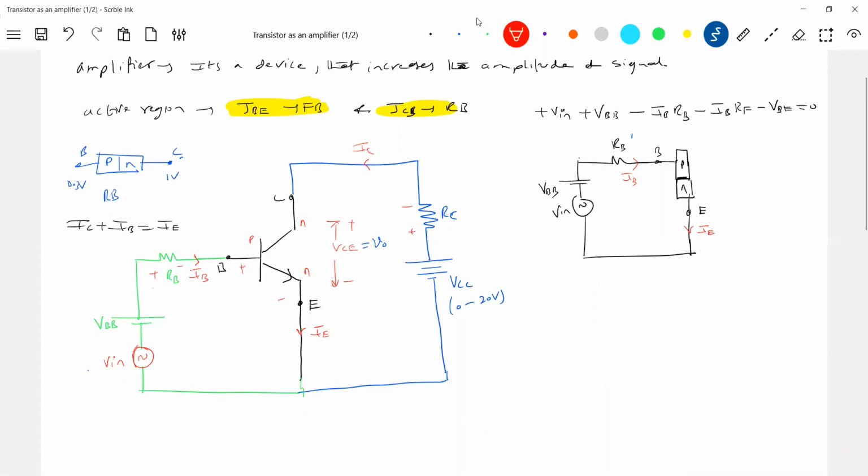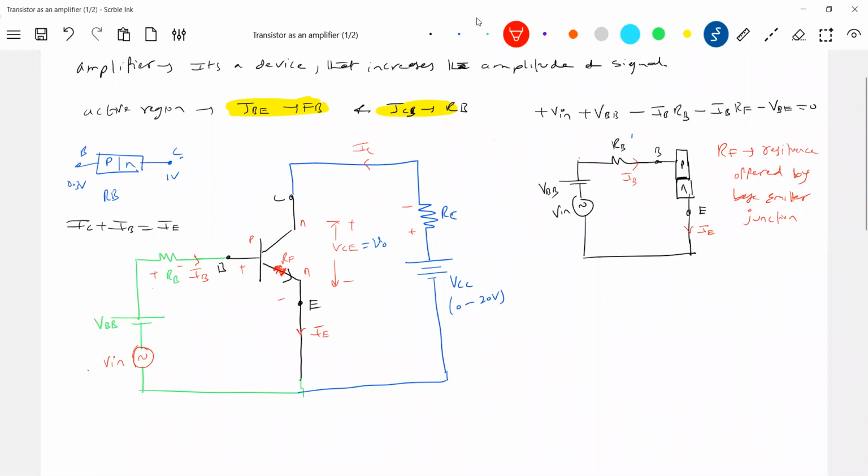Agree with this one? Okay, what is that RF? RF is this one, or for your convenience, I can also show that RF is something like this. Forward resistance offered by the base emitter junction. So what is RF? Resistance offered by the base emitter junction.